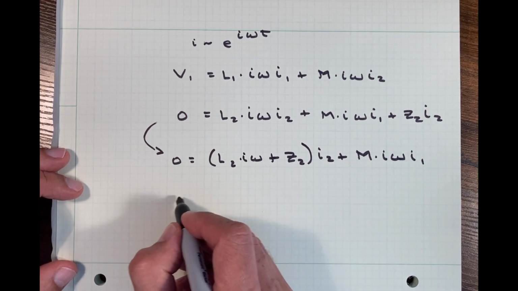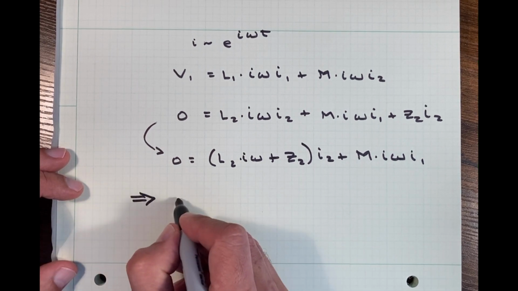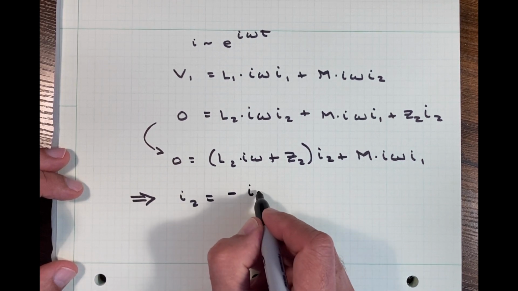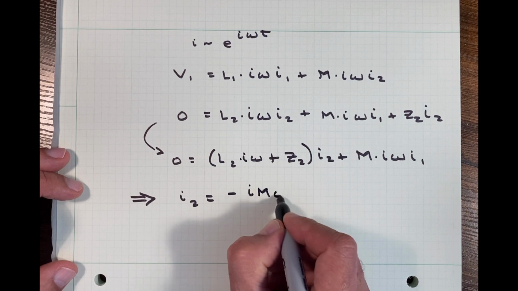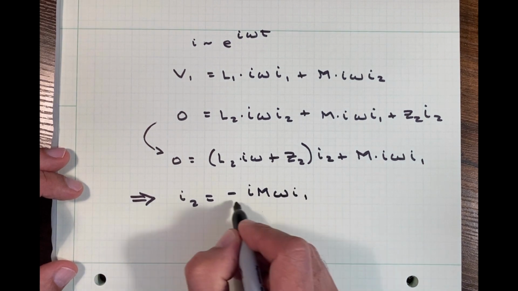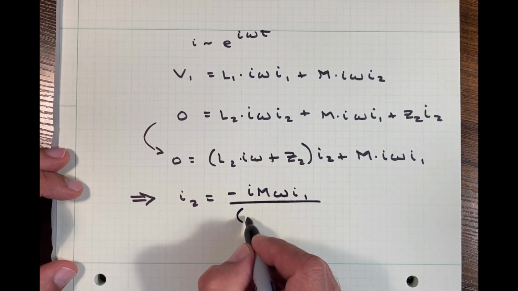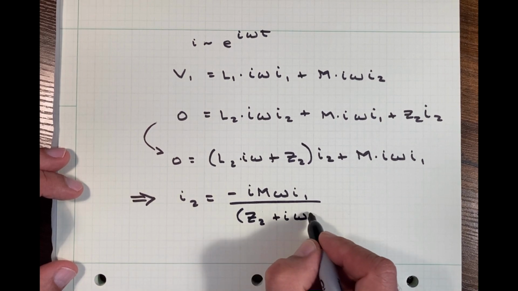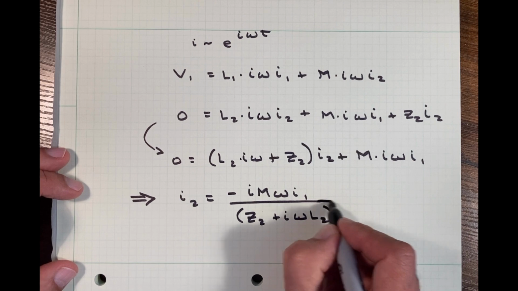Then this implies that I2 is equal to minus i M omega I1 divided by Z2 plus i omega L2.